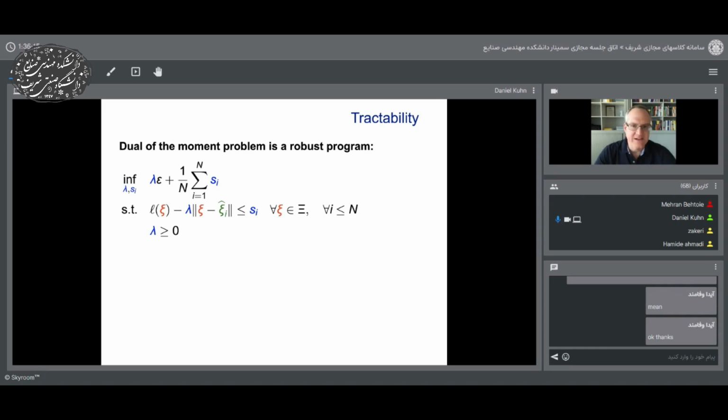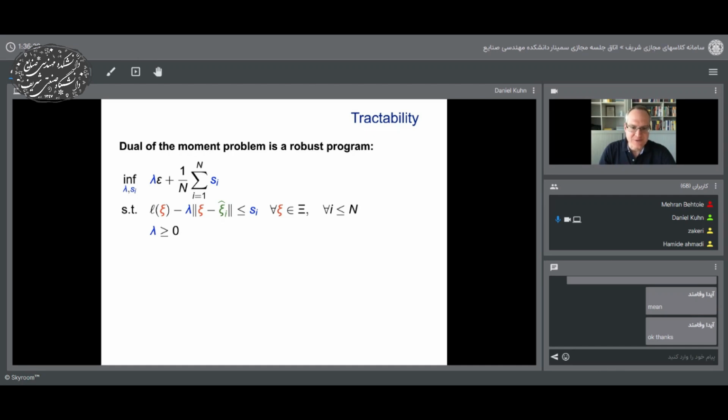So this is actually a robust optimization problem, where the decision variables are the dual variables lambda and Si, where the uncertainty is the Xi, and where the robust constraints need to hold for all possible realizations of the uncertainty. That's just an application of the semi-infinite duality theory, which is well known in optimization.